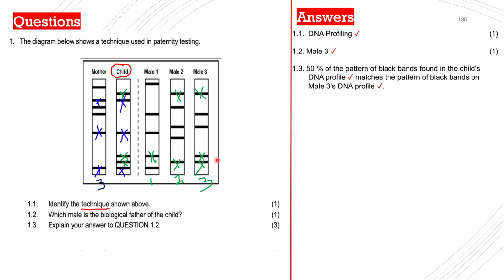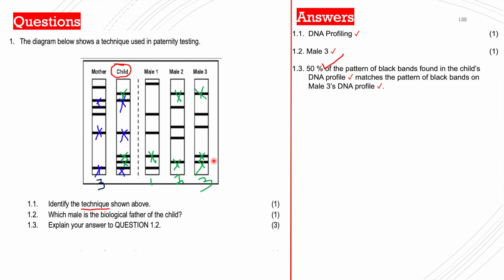Okay, guys? So what we are seeing, like we said, 50%, it's supposed to be a mark there. There's supposed to be a mark there. 50% of the pattern of black bands found on the child's DNA profile matches the pattern of black bands on male 3's DNA profile.